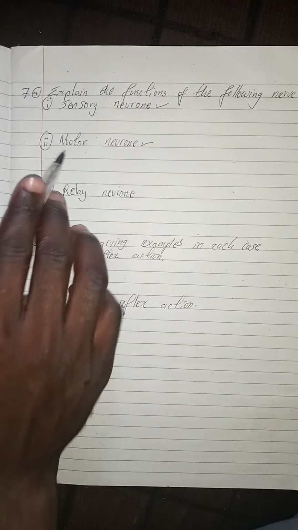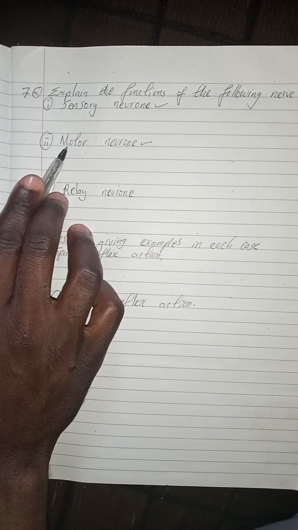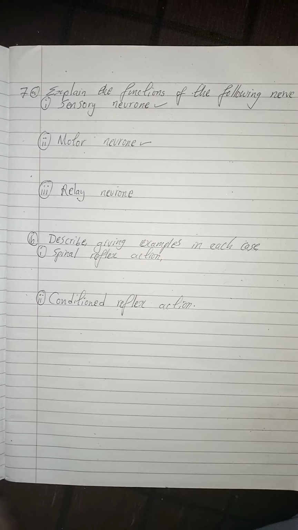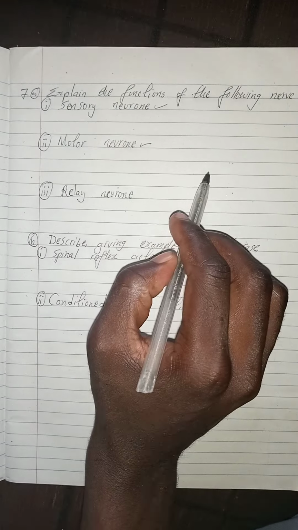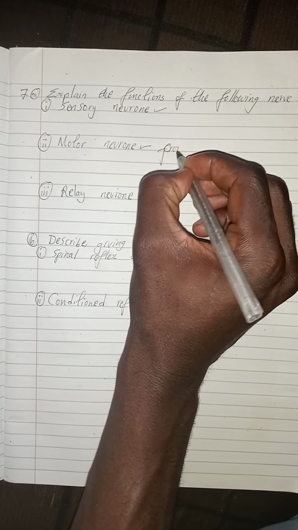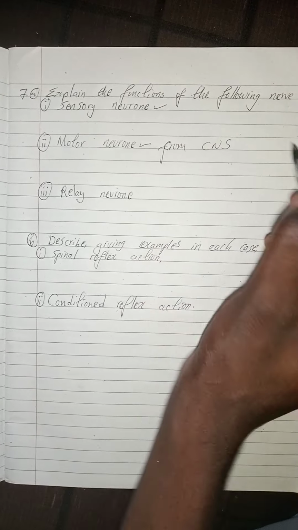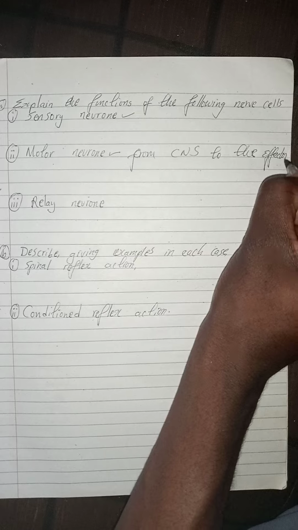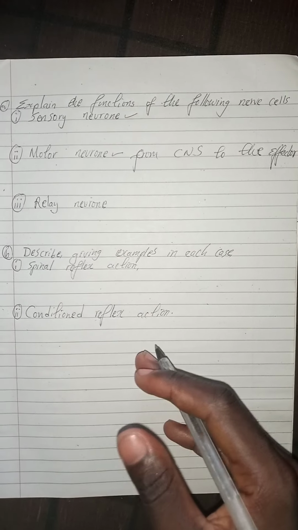Let's go to the motor. The motor is the last neuron. This neuron receives the impulse, or the message, from the central nervous system and takes it to the effector. This effector can be a muscle or a gland.